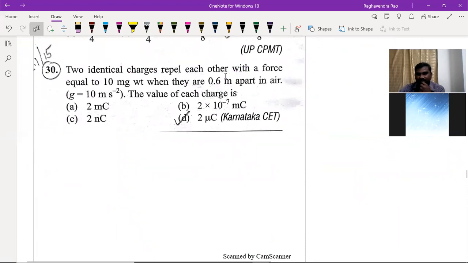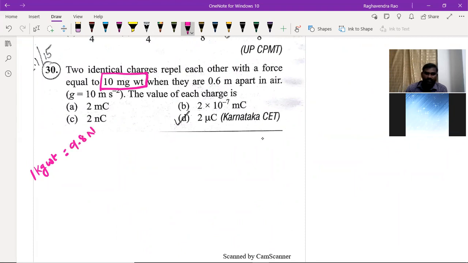Directly, two identical spheres repel and the force is given in milligram weight. In the chapter of laws of motion, you may know that 1 kg weight is the gravitational unit of force. 1 kg weight is equal to 9.8 Newton.